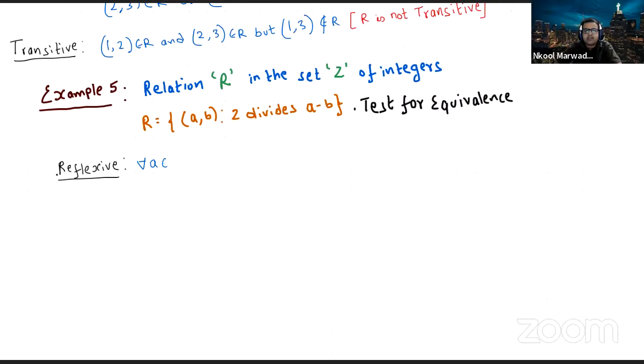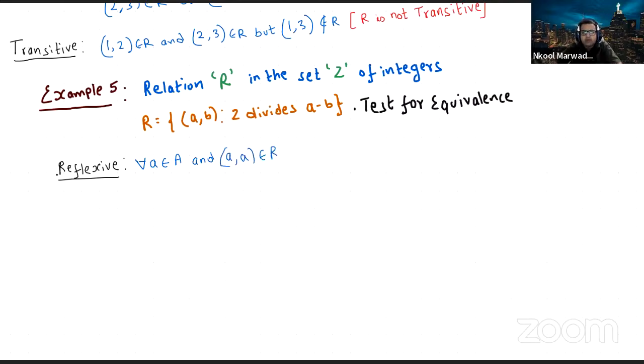I'm writing a general definition for reflexive: for all A belongs to set A, (A, A) belongs to R. This is the general definition.